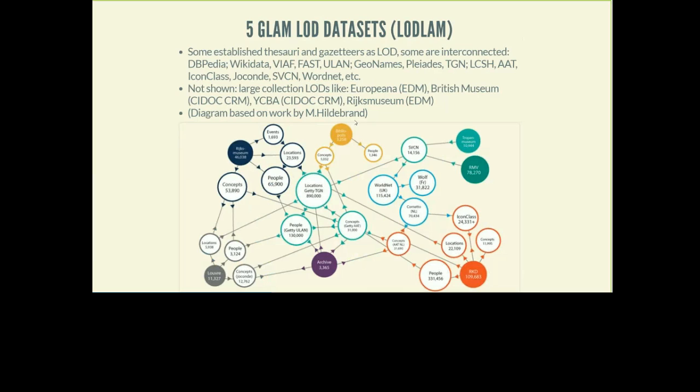So here you see a diagram which we recreated based on work of Michiel Hildebrand. It shows some of these databases, for example, the Getty Thesaurus of Geographic Names, the ULAN, Union List of Artist Names, with the connections between them, and then some related data sets.